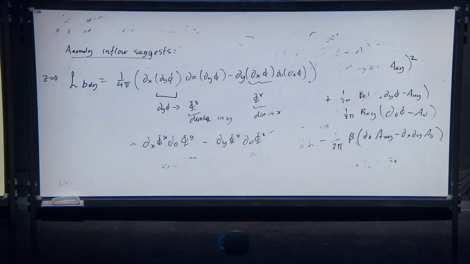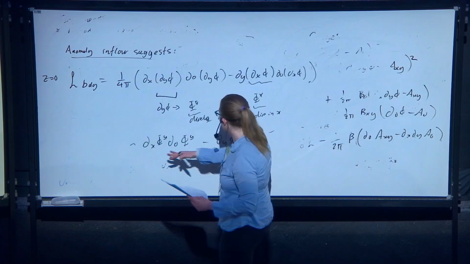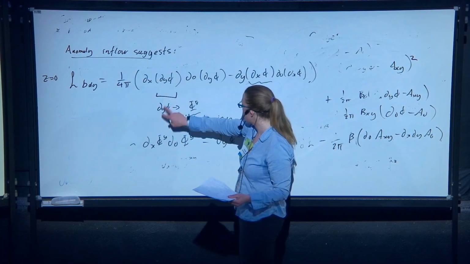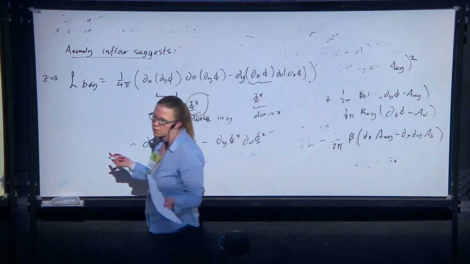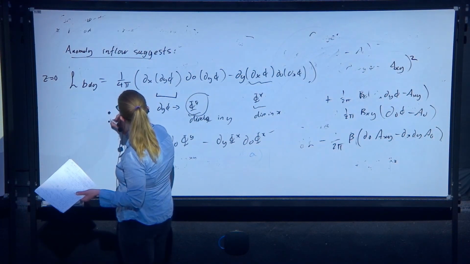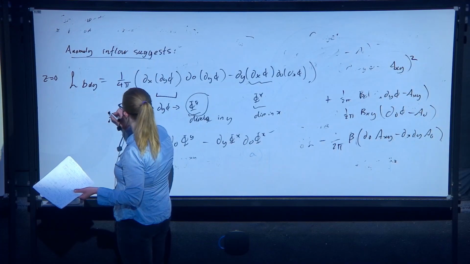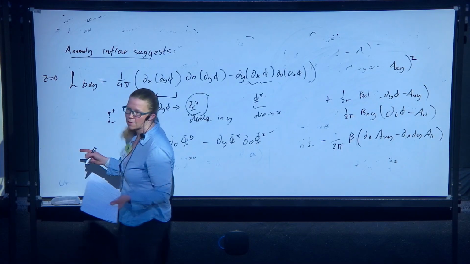Sorry? Yeah, that's right. So I think this interpretation, going from dy phi to capital phi y, is very natural on the lattice, because on the lattice, dy phi is just this little object that has a plus here and a minus here.